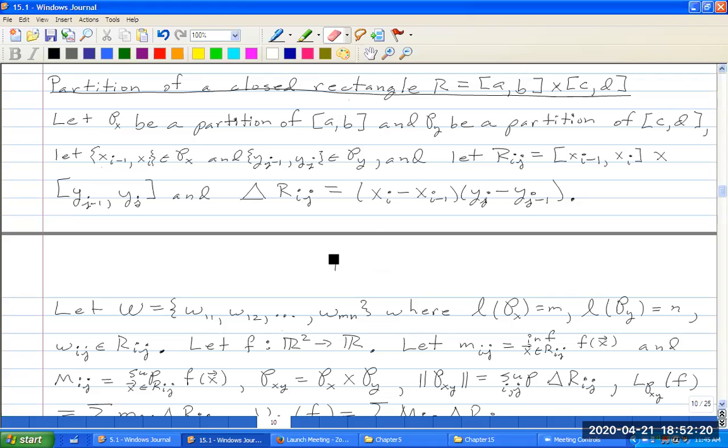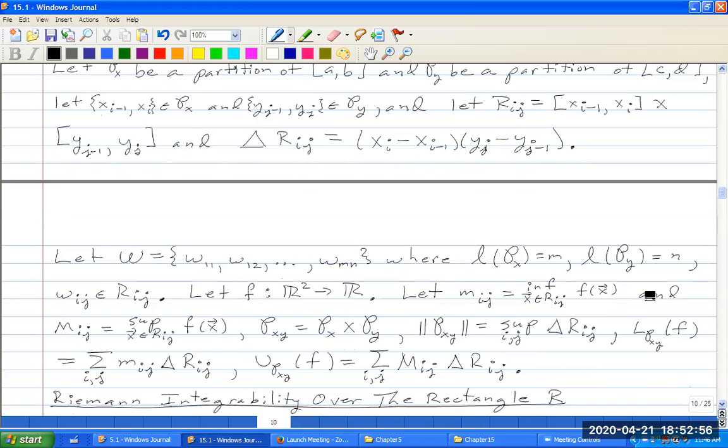Okay, so let f be a function from R2 to R. Let little m sub ij equal the inf of f of x, y, where x, y is in the ijth rectangle, and capital M sub ij be the sup of f of x, y for the point x, y being in the ijth rectangle.